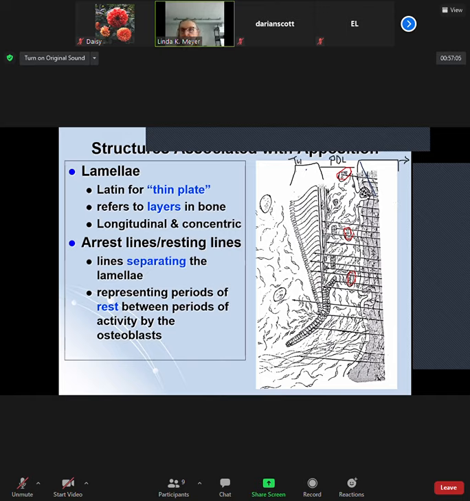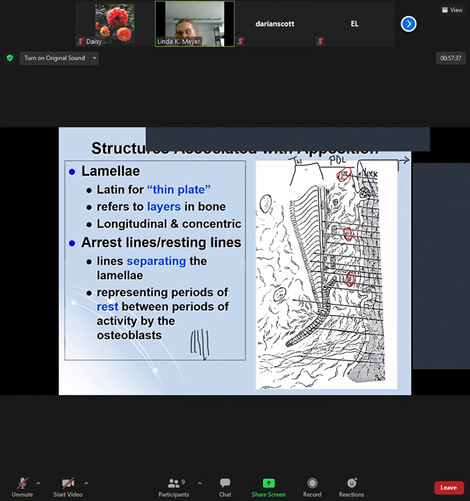Okay, what you're seeing here that's shaded in, I'm just going to put X's in them at the top, are layers of bone or lamellae. And if you notice, they're oriented like this, like pieces of plywood. They represent the longitudinal lamellae.